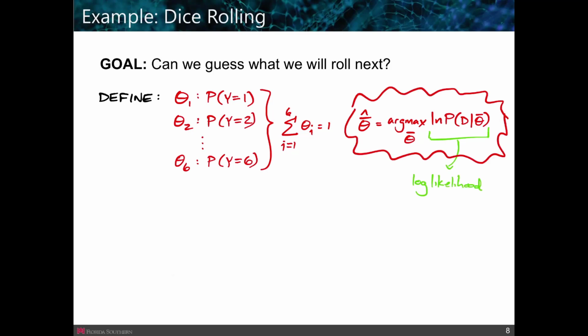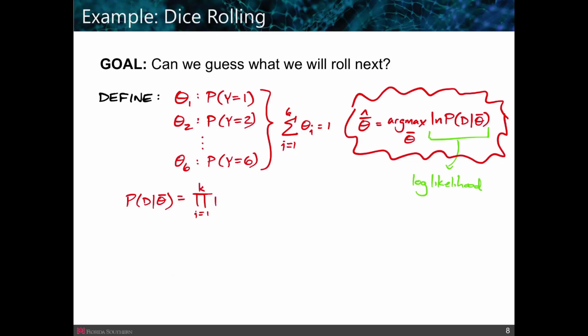Now, in order to solve for this equation, we need to first understand what that probability, d given theta as an array, is equal to. Well, because of our assumption of independent and identically distributed data samples, we can separate out that conditional probability to each of its parts.